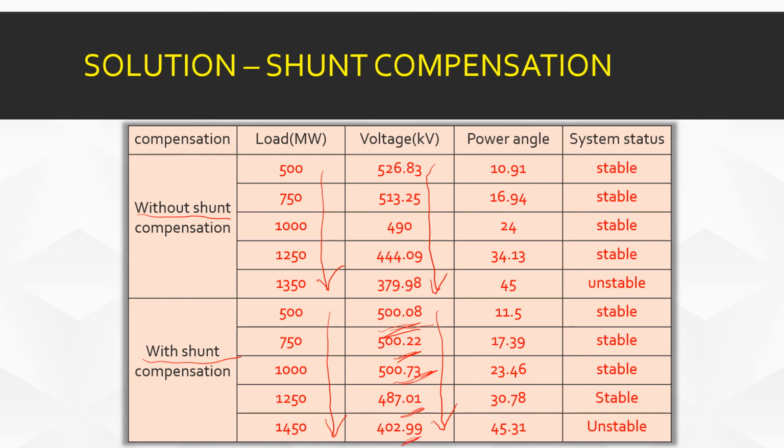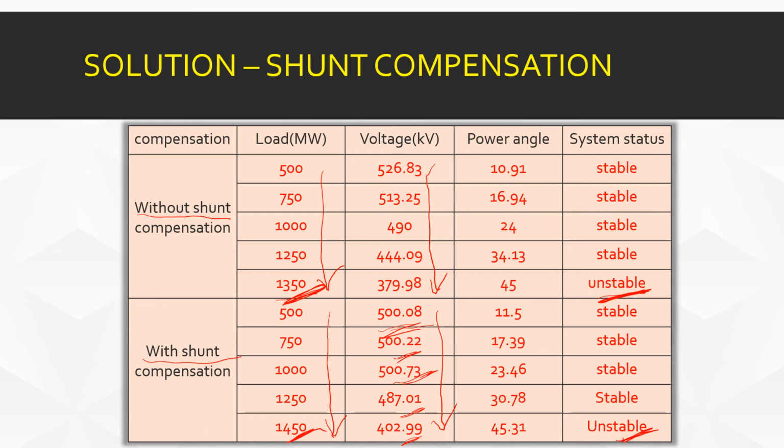It indicates the voltage is regulated at the receiving end. When the power reaches 1350, that is the steady state stability limit, the system becomes unstable. Here for 1450 the system becomes unstable.